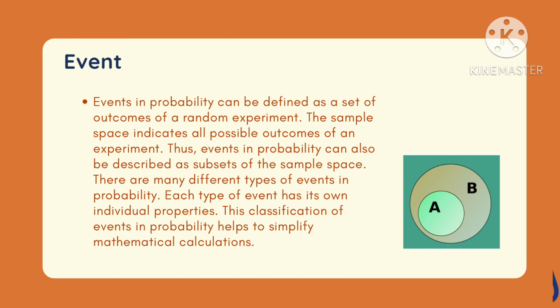Each type of event has its own individual property. This classification of events helps to simplify mathematical calculation. Any subset of the sample space will form an event in probability. The likelihood of occurrence of an event can be calculated by dividing the number of favorable outcomes by the total number of outcomes of the experiment.